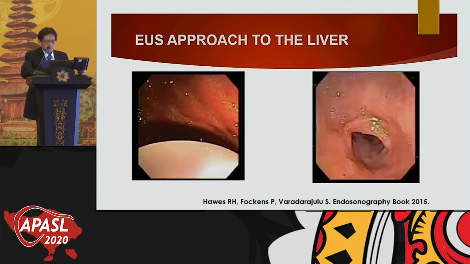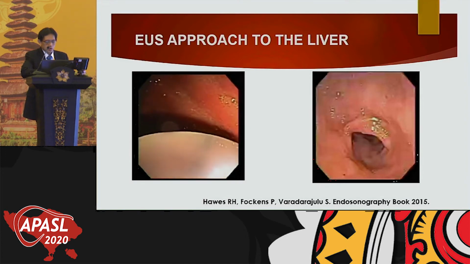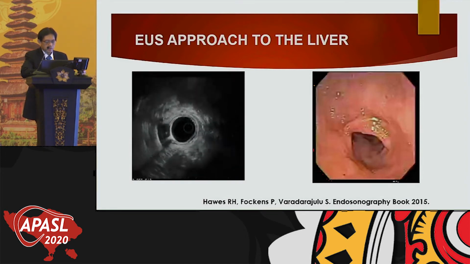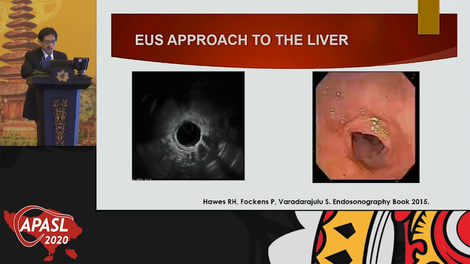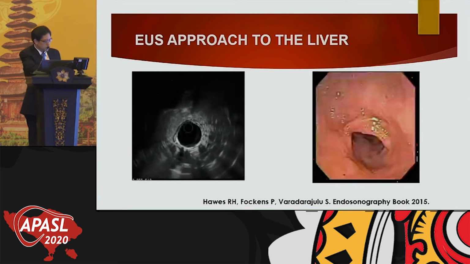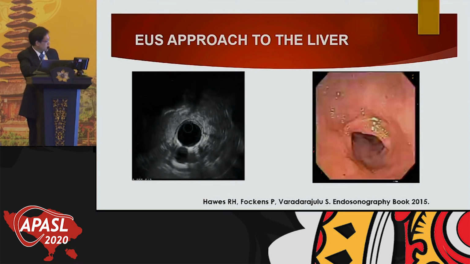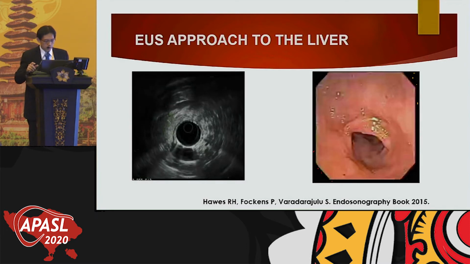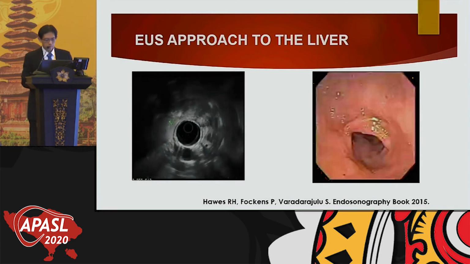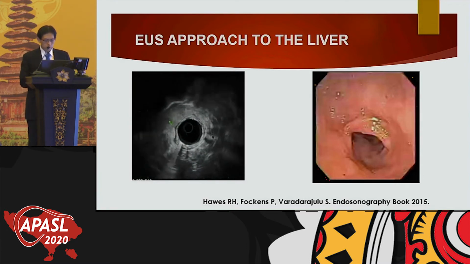When the scope is connected to the ultrasound machine, we can see the ultrasound image directly with the radial scope at the 11 o'clock. You can see that's the liver. Then we can rotate to see all the liver parenchyma closely.